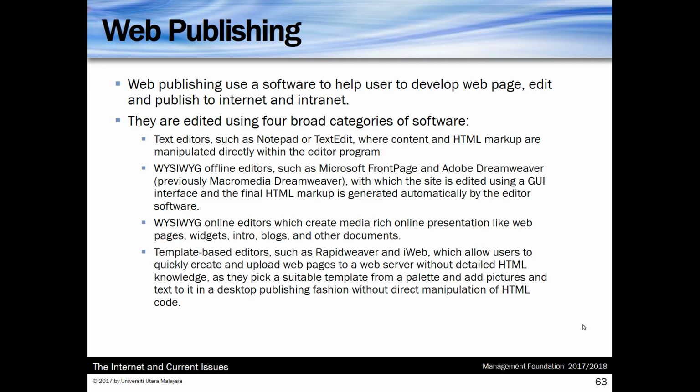Or we can use what-you-see-is-what-you-get offline editors, for example Microsoft FrontPage or Adobe Dreamweaver, previously known as Macromedia Dreamweaver, with which the site is edited using a graphical user interface, and the final hypertext markup language is generated automatically by the editor software.